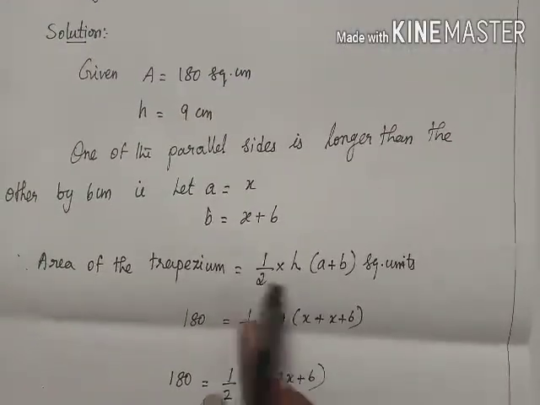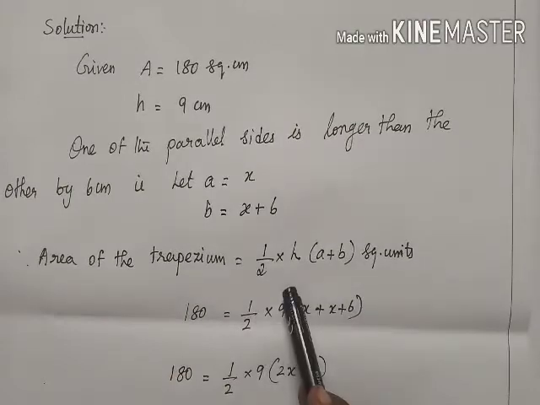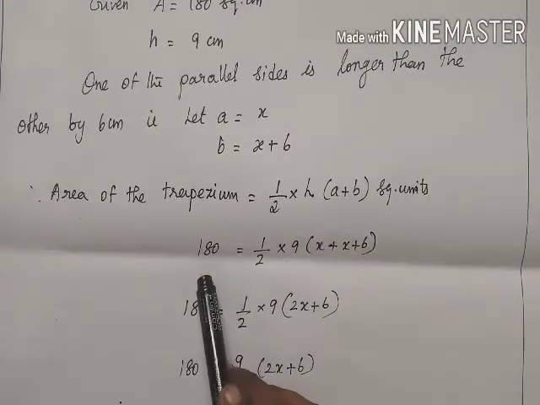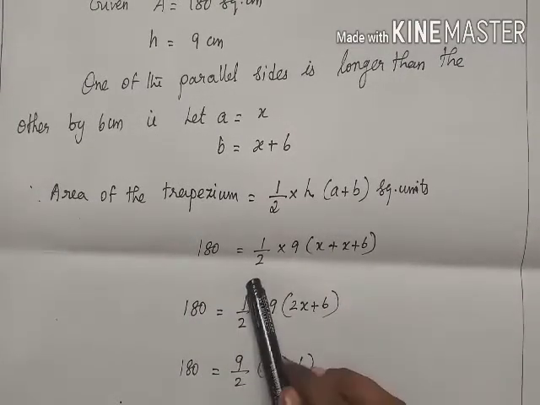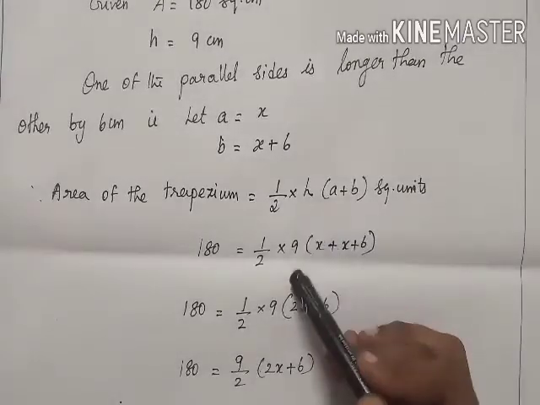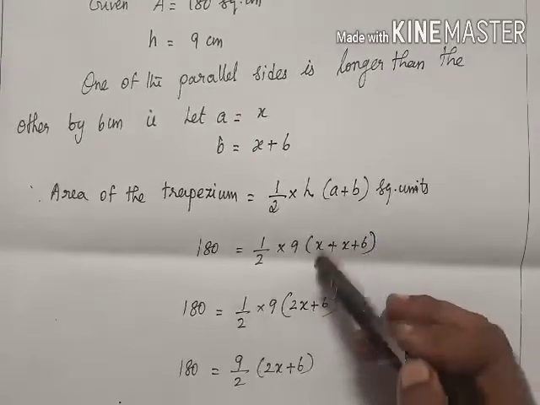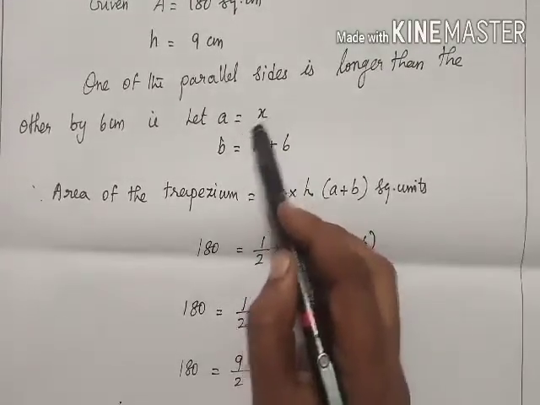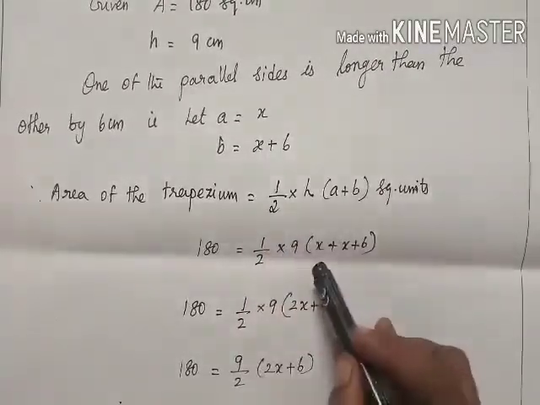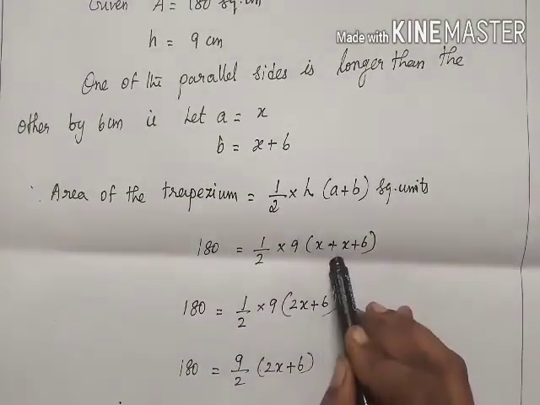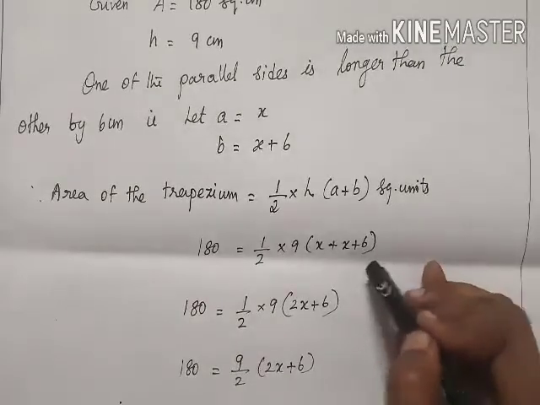Right? Now, area of the trapezium formula: half into height into A plus B square units. So, substitute the values. Area is 180. Half into height value 9, into the value of A, that is x, plus instead of B, x plus 6.